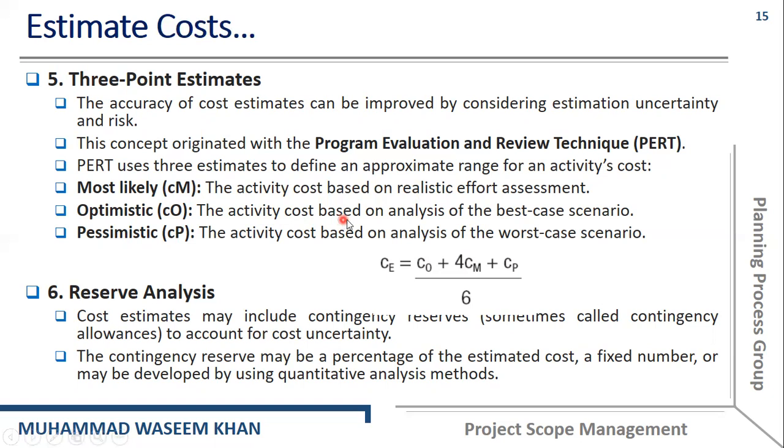The activity cost based on analysis of the best scenario, that is called optimistic cost. And a pessimistic cost is the activity cost that is based on the analysis of the worst case scenario. So I'll try to discuss it in Urdu again.